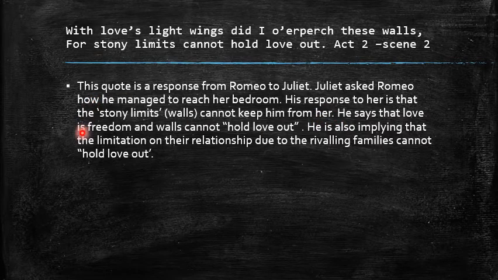He says that love is freedom in the same way that wings evoke flight and freedom. The walls cannot hold love out. He is also implying that the limitation on their relationship due to the rivaling families cannot hold love out.